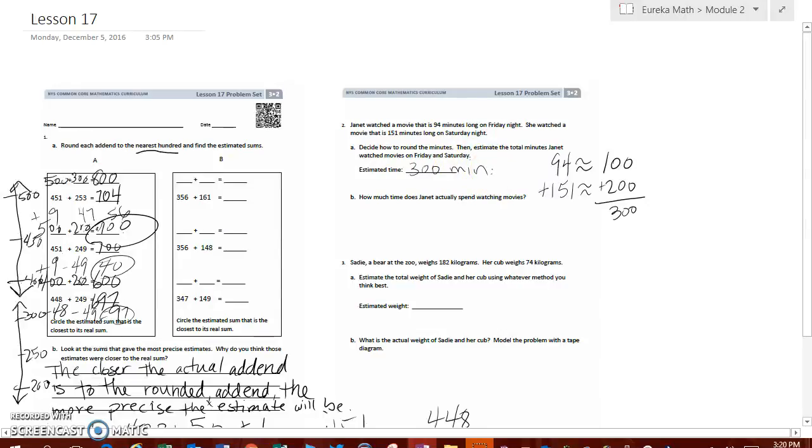Part B, how much time does Janet actually spend watching movies? Well, if I add 94 plus 151, I can get the answer. I'm going to try the algorithm on this. 4 plus 1 is 5. 9 plus 5 is 14. So I show it like this. See how I wrote the 1 underneath my hundreds section and the 4 goes in the tens space?